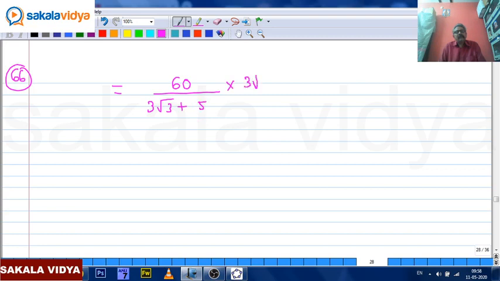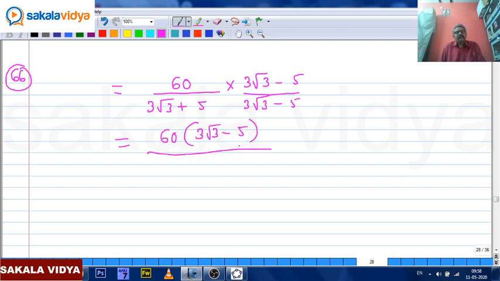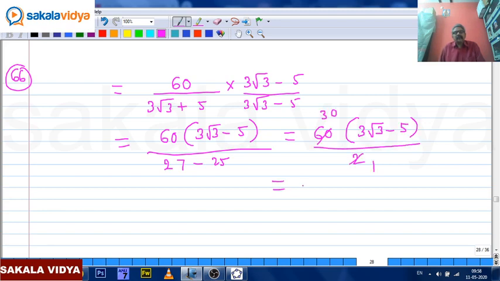Multiply with 3 root 3 minus 5 by 3 root 3 minus 5. This is equal to 60 into 3 root 3 minus 5 by a plus b into a minus b, a square minus b square, 3 root 3 whole square, 27 minus 25. So 60 into 3 root 3 minus 5 by 2, which gives 30 multiplied by 3 root 3 minus 5 units.